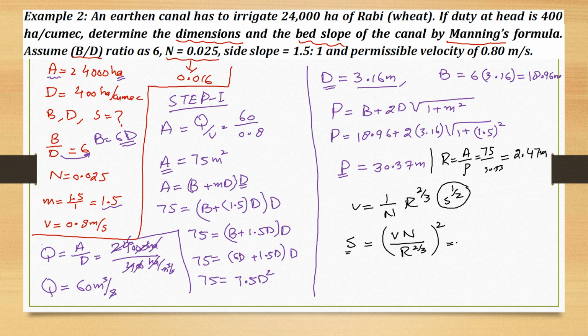We will put the values here as 0.8 the value of V, 0.025 the value of n, and value of R is 2.47 raised to power 2 by 3 and the whole power has 2, means square.